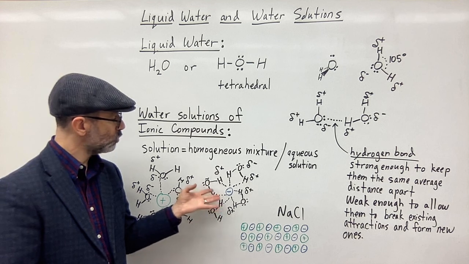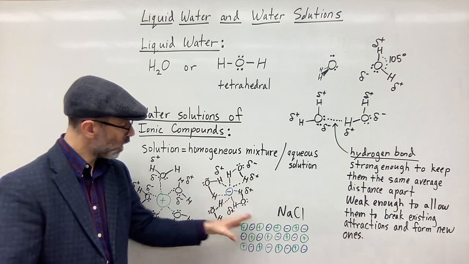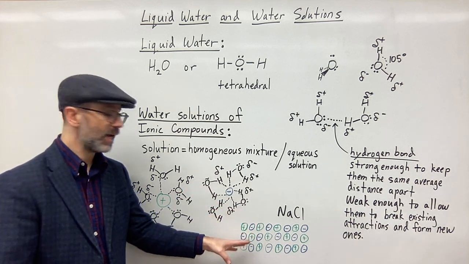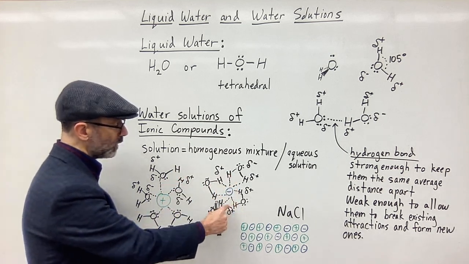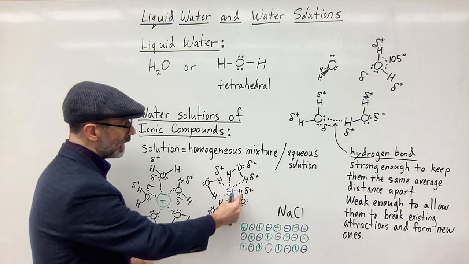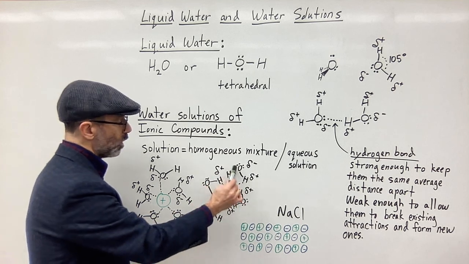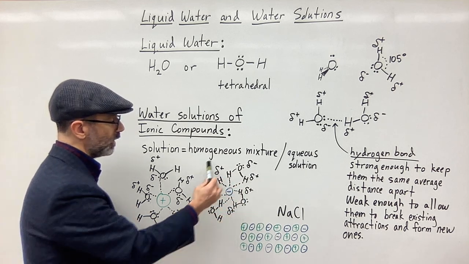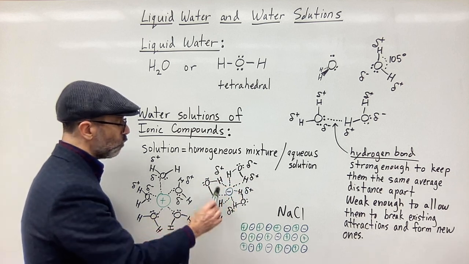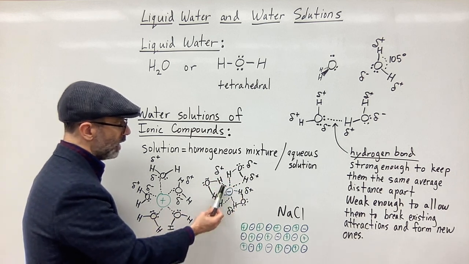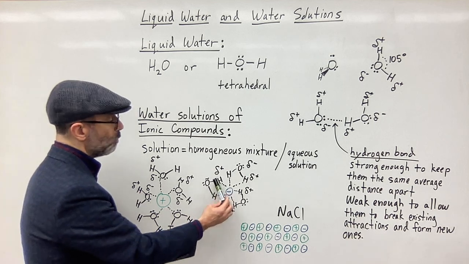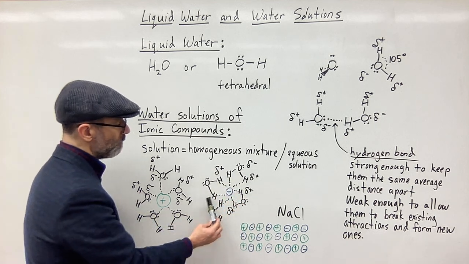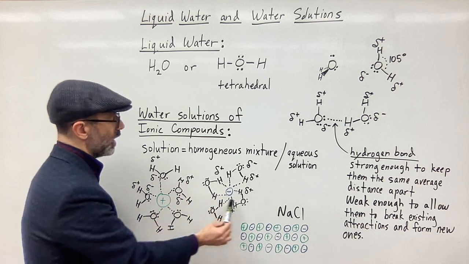So they're going to weaken or disrupt the attractive forces between the ions and start to create attractive forces or bonding with the ion itself. And so you'll get these water molecules creating kind of a sphere around the negative ion. And you'll notice here that all of the positive hydrogens are facing towards the negative ion.